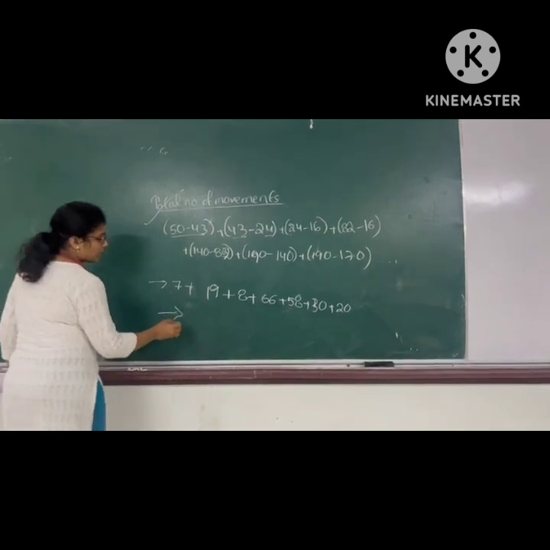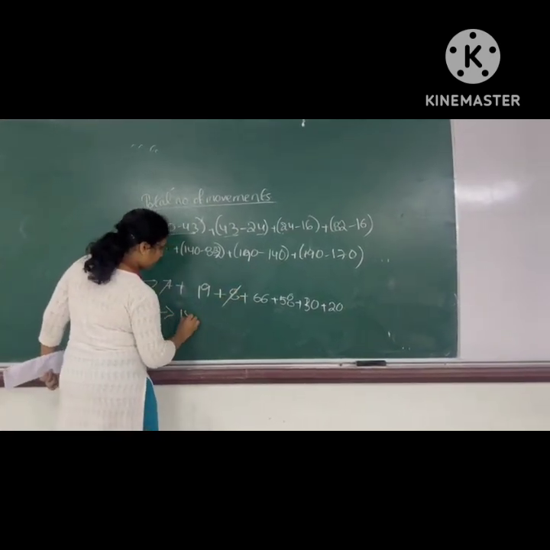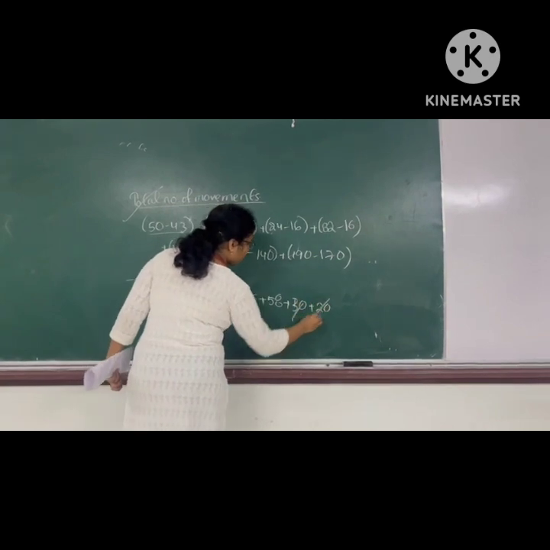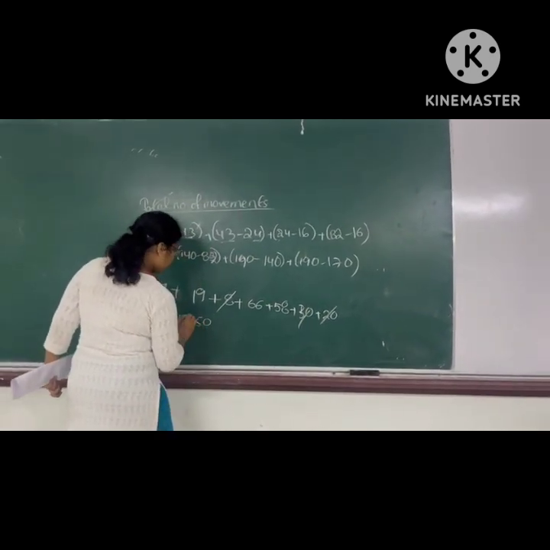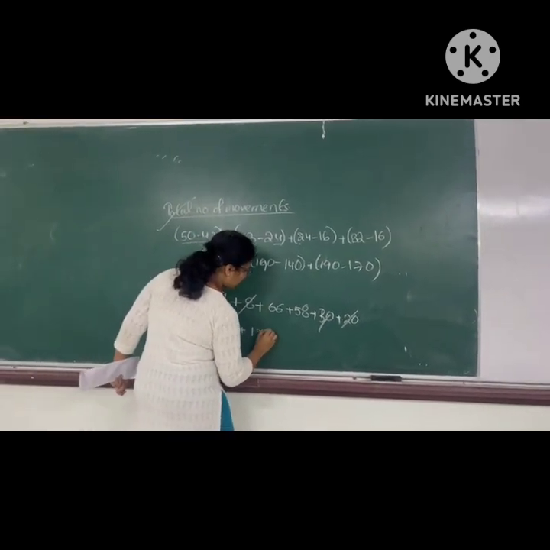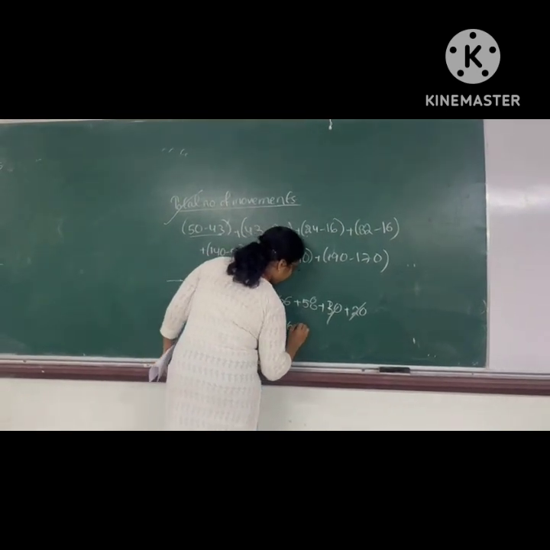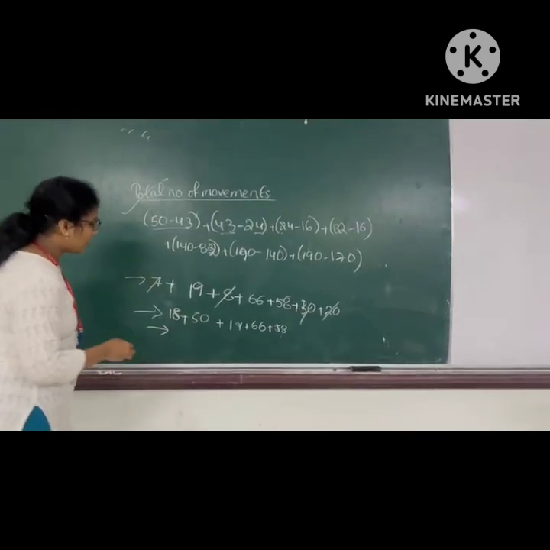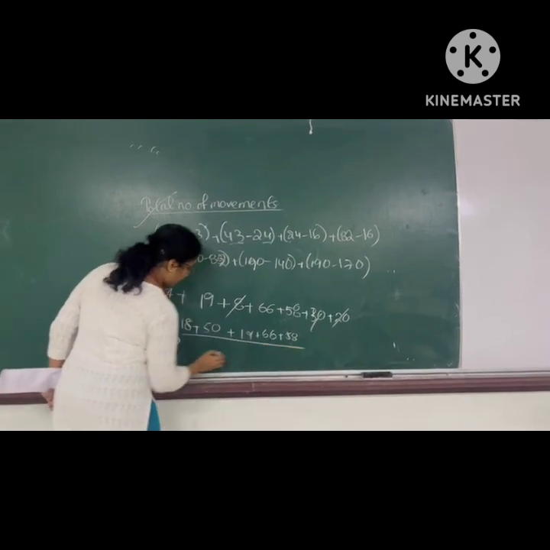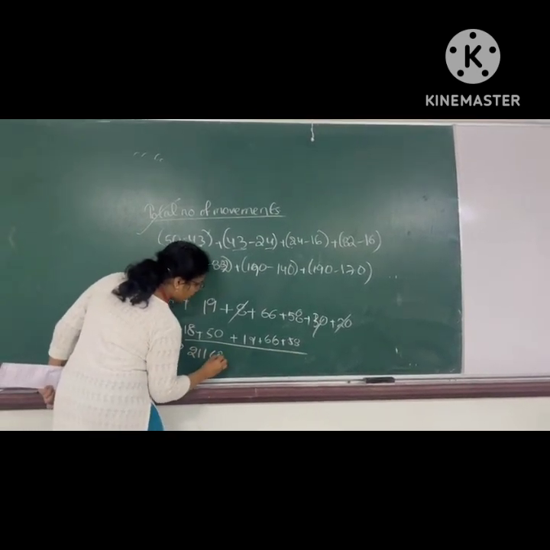On adding all these, 7 plus 8 is 15, and 30 plus 20 is 50, and 19 plus 66 plus 58. Here the total number of movements I am adding all these is 211.